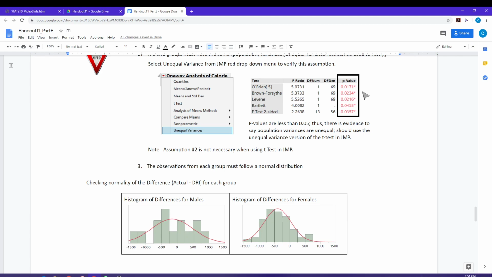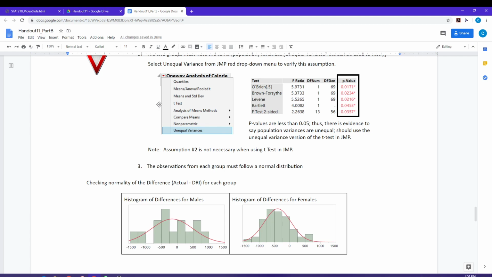It turns out that this test is kind of sensitive to different situations in the data. So what JMP has done is provided just 5 different versions of that test. For this particular example, it doesn't matter which version of the test we use, whether it's O'Brien's or Brown-Forsythe's or the F 2-sided. They all seem to indicate that I have unequal variances.